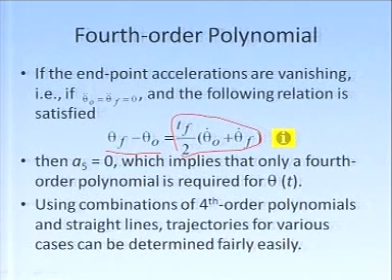If I imagine my initial position and my final position difference is equal to the average velocity at the beginning and at the end, multiplied by T f, what will happen?